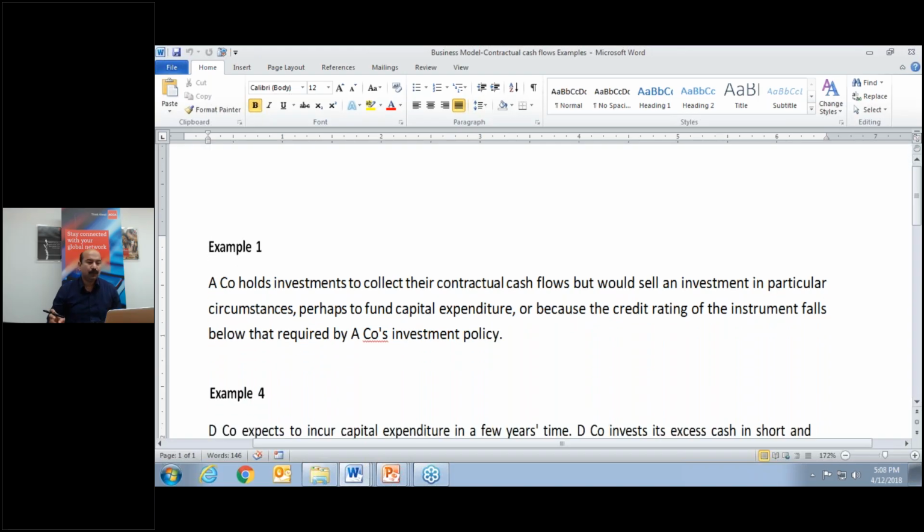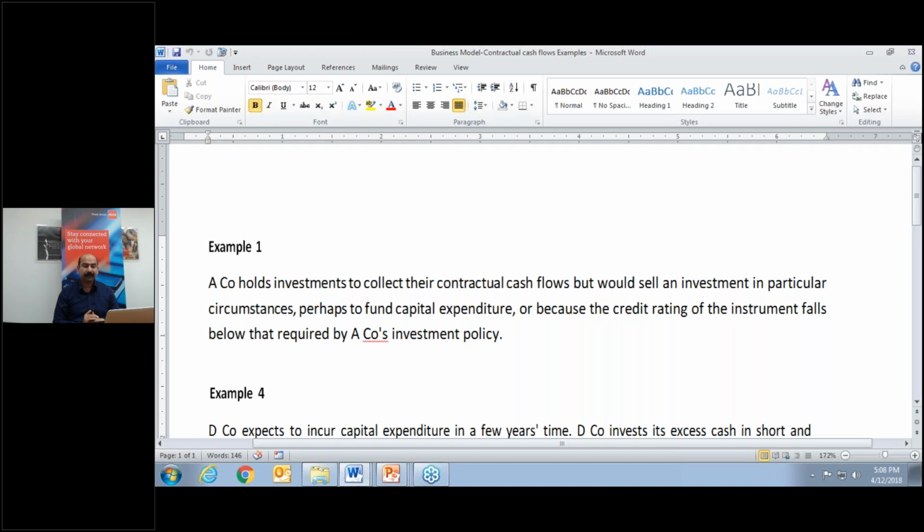A company holds investments to collect their contractual cash flows, but would sell an investment in particular circumstances, perhaps to fund capital expenditure or because the credit rating of the instrument falls below that required by the company's investment policy.